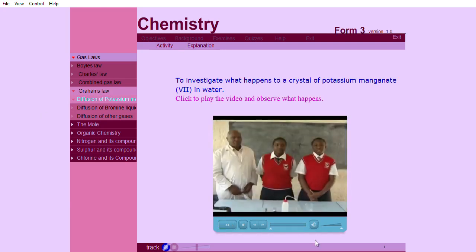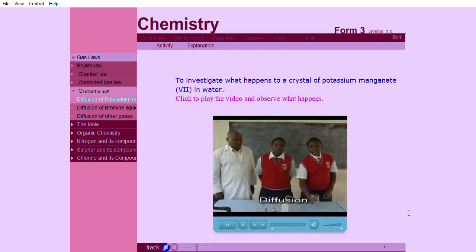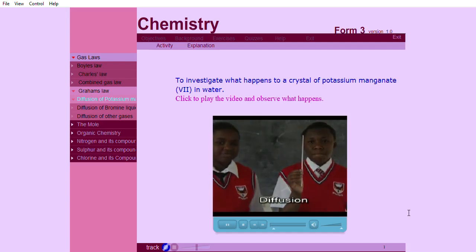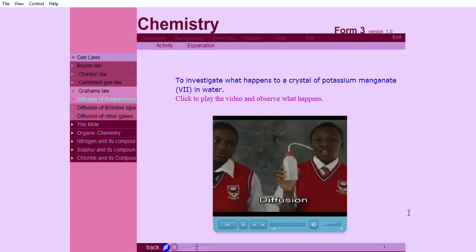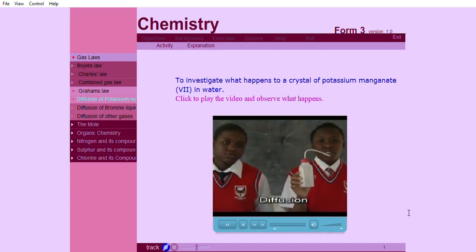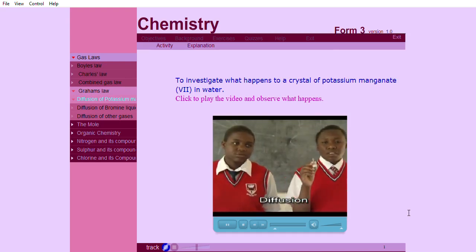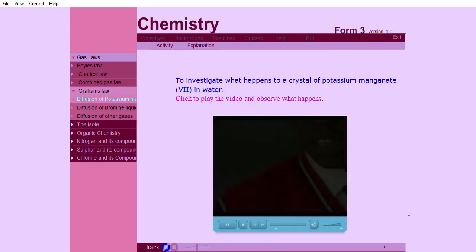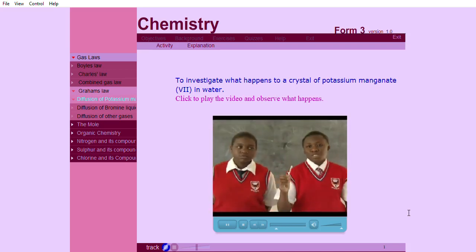These are what you are going to use: a 250 milliliter beaker, a straw or a glass tube, a washing bottle containing distilled water, potassium manganate(VII) crystals, and a spatula.